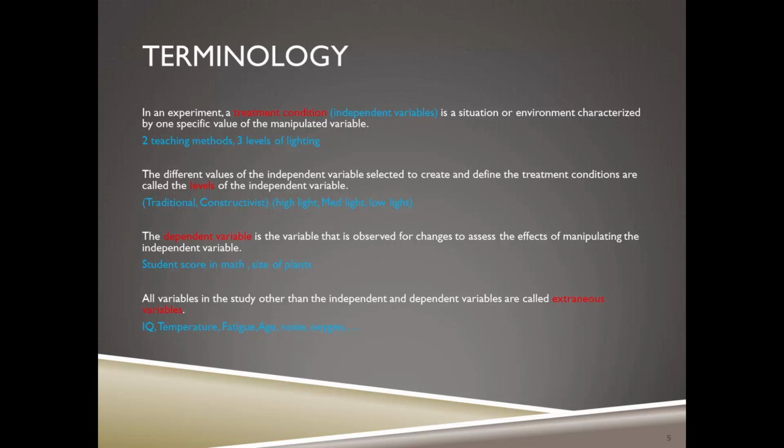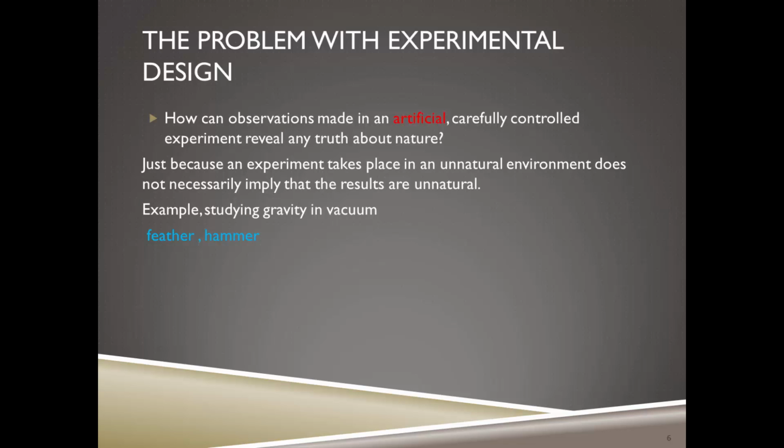experimental research. The problem with experimental research, according to critics of experimental research, is that because we control so many variables, we are actually creating an artificial or non-realistic situation.